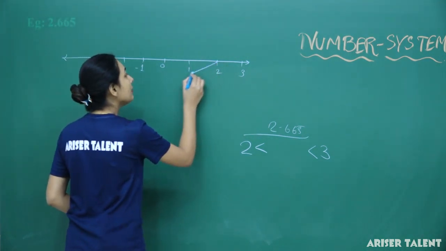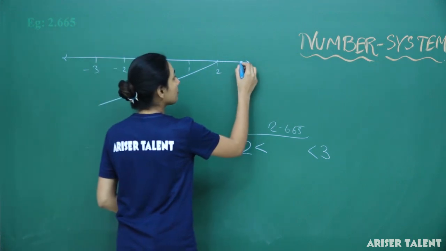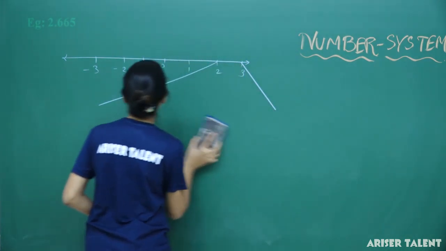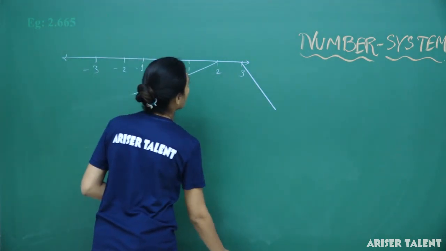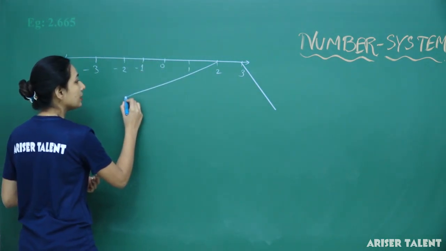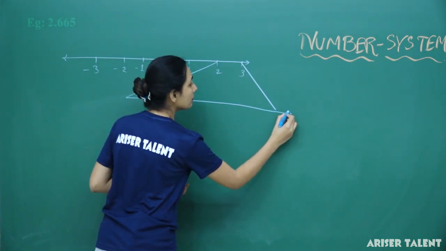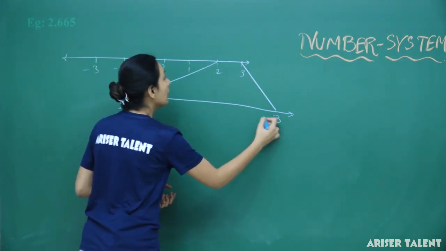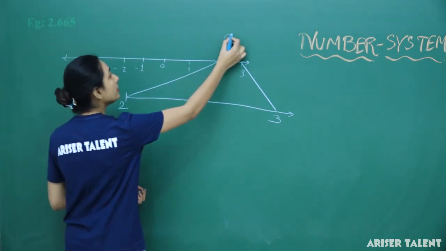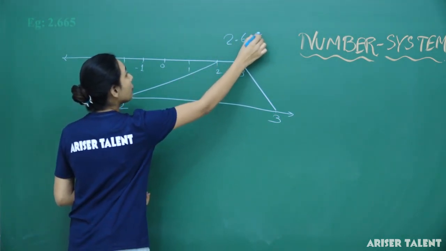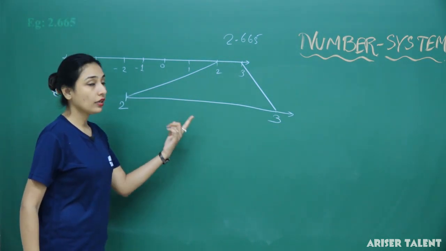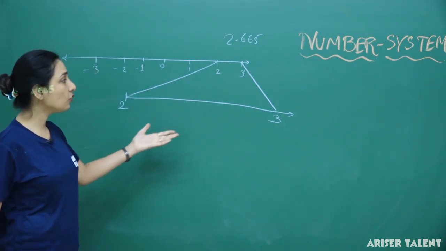Now I will magnify this particular part, and here again comes the number line. This is 2 and this is 3. The number is 2.665, so that will be between 2 and 3. How will I represent 2 and 3?